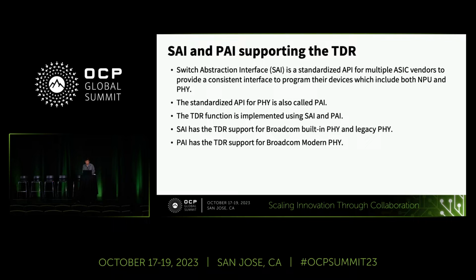The TDR function is implemented using SAI and PAI. For the examples I showed you in the previous slides, the SAI supports the TDR for the built-in PHY and the legacy PHY, and the PAI supports the TDR on the modern PHY.